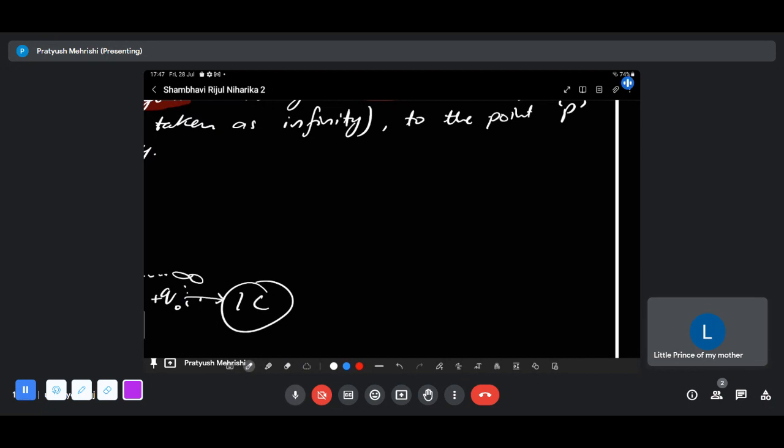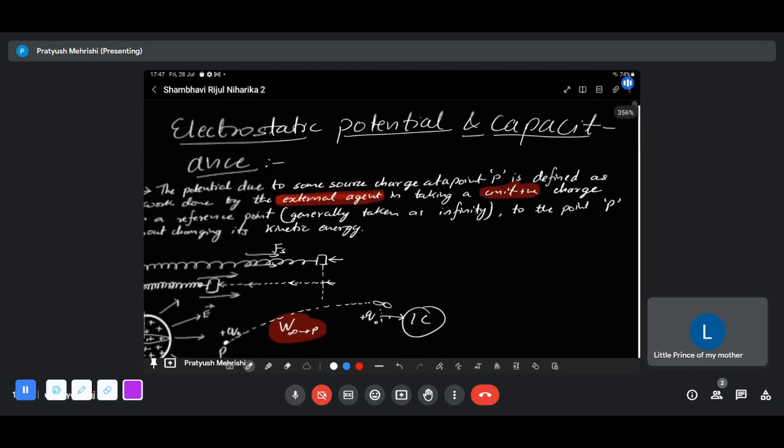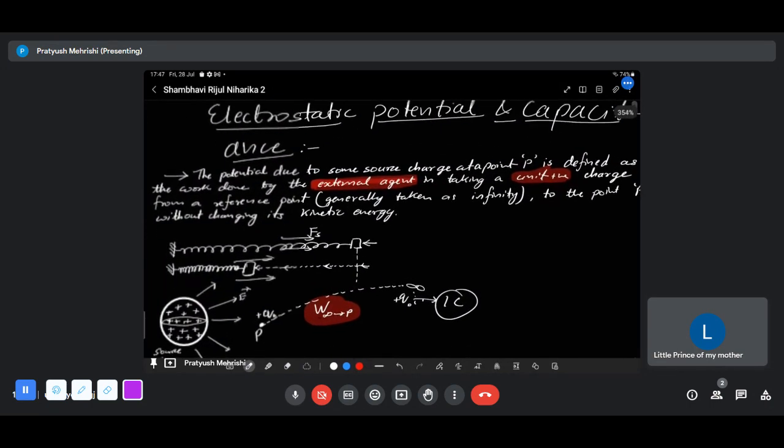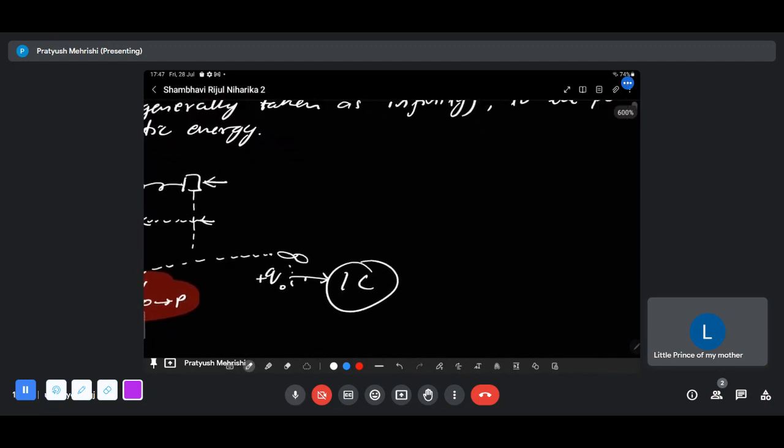Electrostatic force, not external force. In our definition, we are defining it to be work done by the external agent, not by the electrostatic force. Work done by the external agent is our definition.